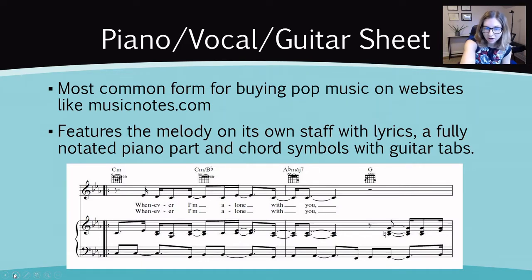So it has our chord symbols, it has the chord tabs, the vocal line, and then a piano reduction of sorts. It's really not much of a reduction because it tries to play everything all at once and rhythmically usually looks pretty complex. This type of thing can really discourage a student from learning a pop song. So I would discourage you from jumping to this right away unless the student is extremely comfortable reading music.